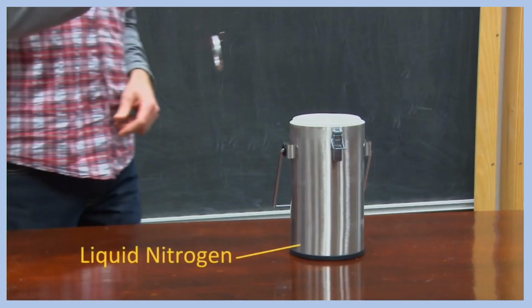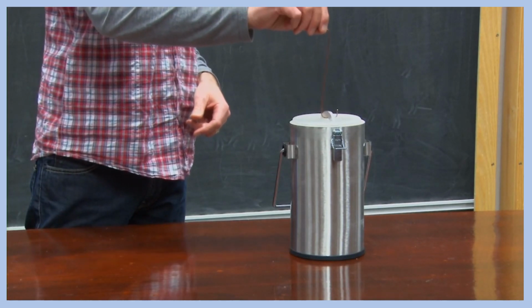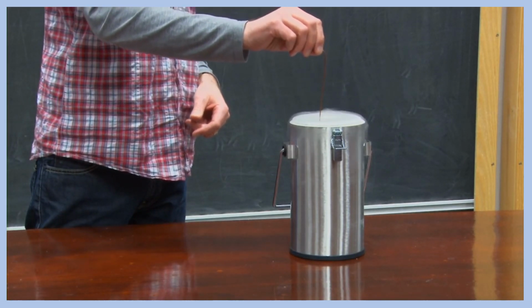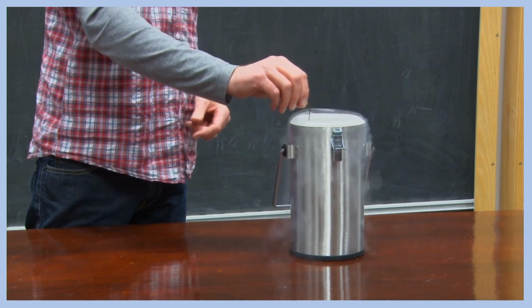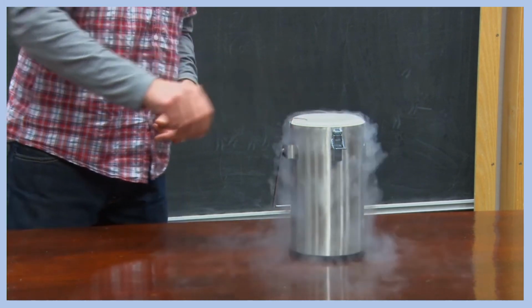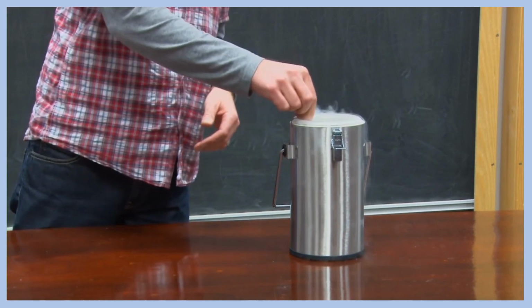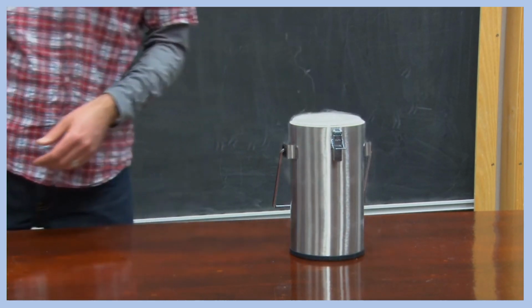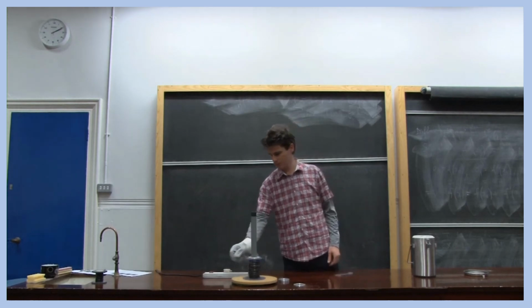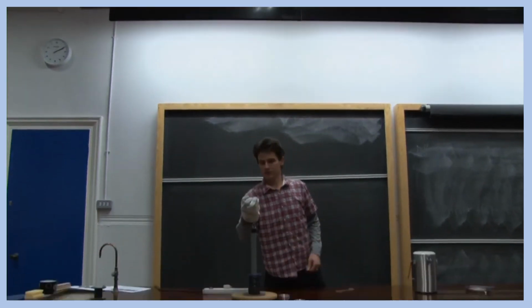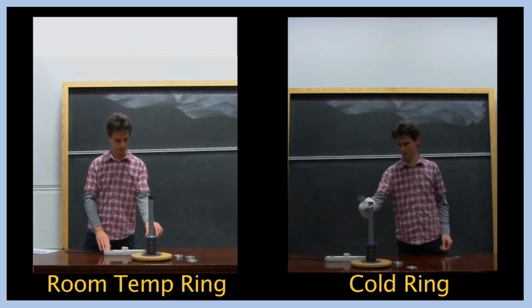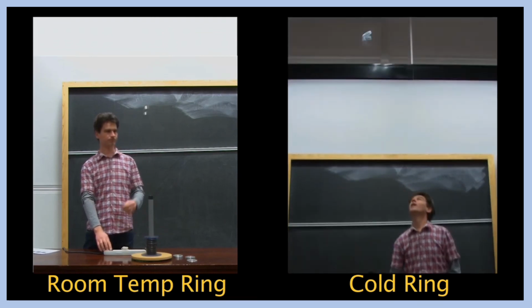Now, what would you expect to happen if we repeat the experiment with the original ring, but this time we cool the ring first? You should recall that when we cool a conductor, its resistance decreases. This means that the induced current that flows in the ring is much larger, and so the repulsive force experienced by the ring is also much larger.